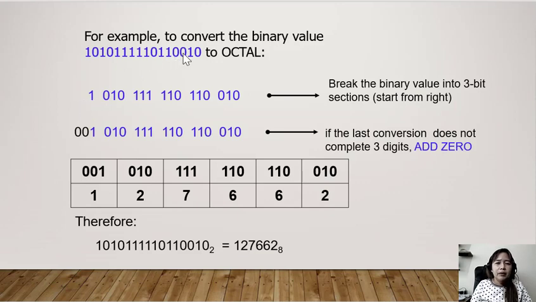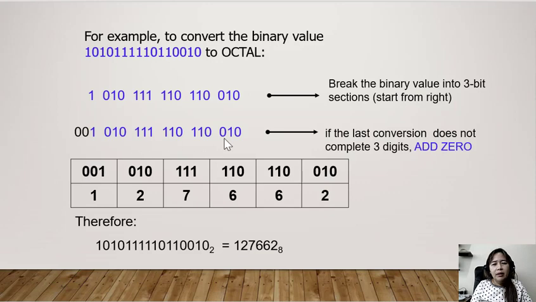Partitioning from the rightmost, 1, 2, 3, that's one group, 1, 2, 3, that's another group, another 1, 2, 3 is 110, that's another group. You have 111, that's another group. You have 010, and of course the remaining one, wherein you only have to add 2 more zeros to its left.